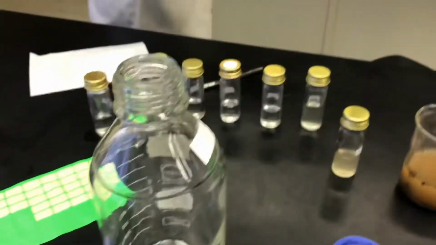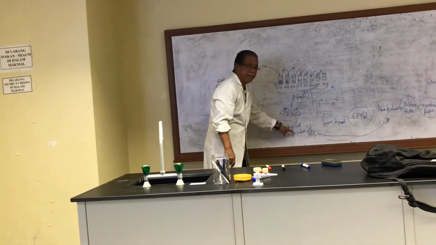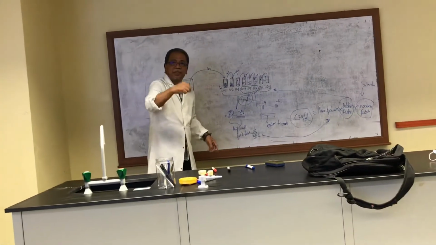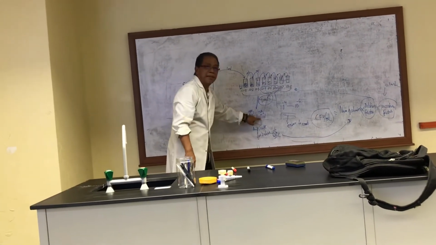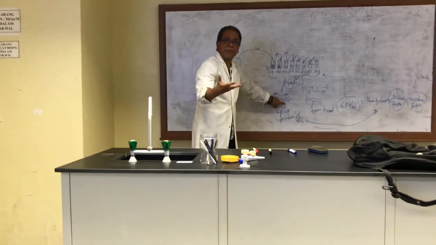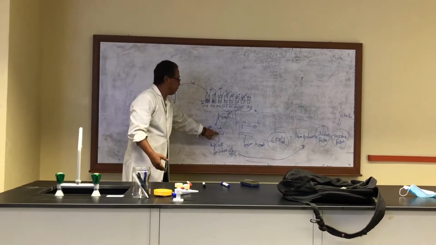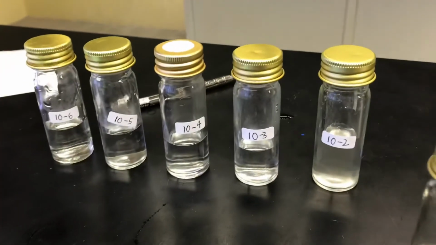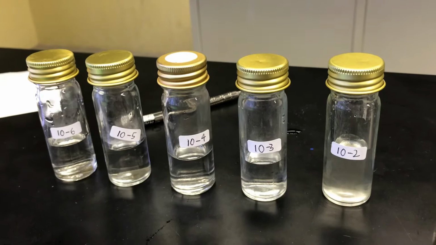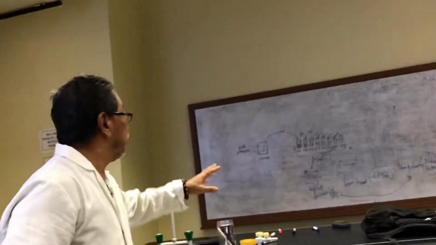So you take that one and plate on TSA, and do the same. You just take 0.1 ml and put it onto the agar plate, the TSA plate. TSA is a bit selective for soil microorganisms.